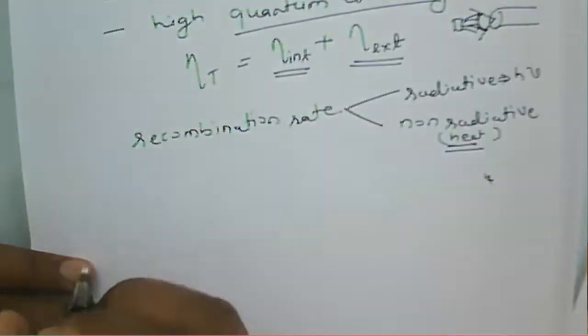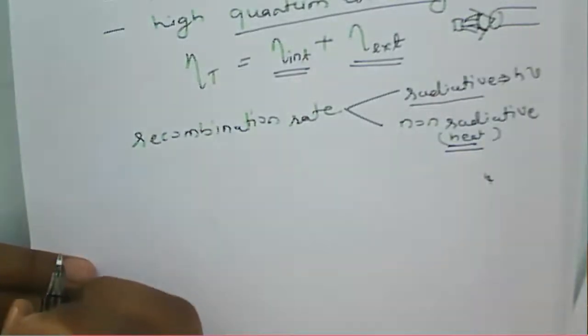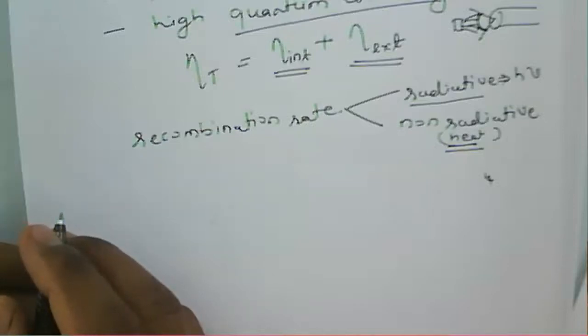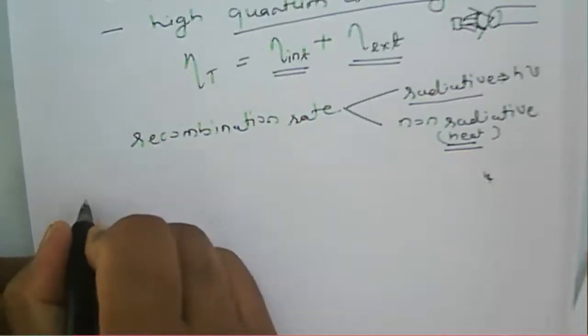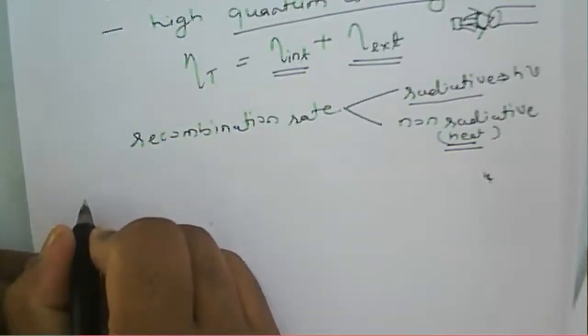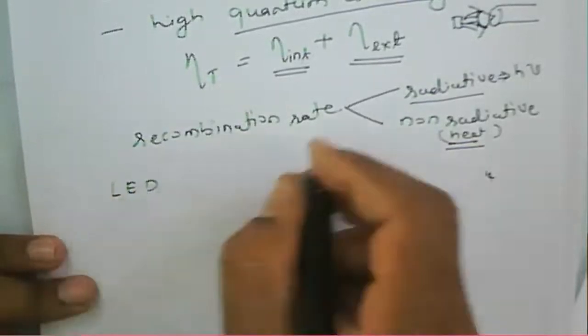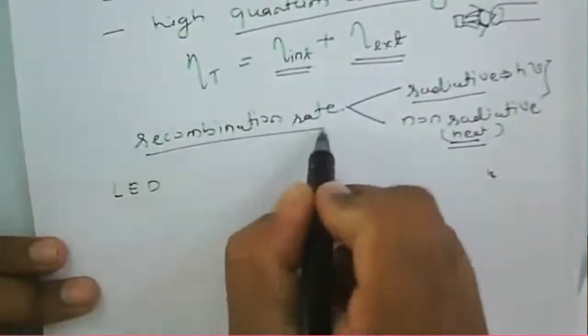So we use a material in such a way that we get a high radiance output. That's why we have various configurations of LEDs. And LED configurations mean what? How your junction is formed, based on how the recombination takes place.